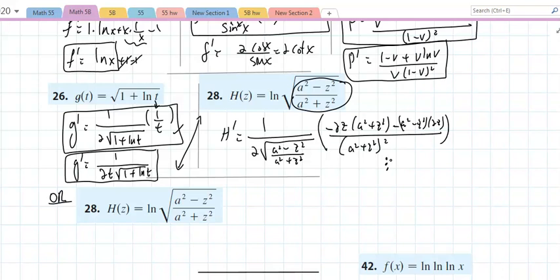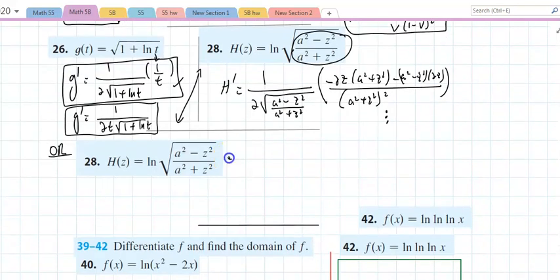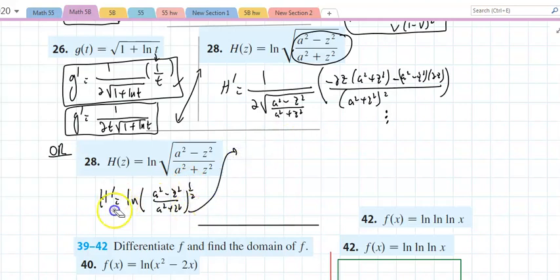And I have another way of doing this. I could say this is the natural log of a squared minus z squared over a squared plus z squared to the 1/2. I could say this h is 1/2 natural log of a squared minus z squared over a squared plus z squared.